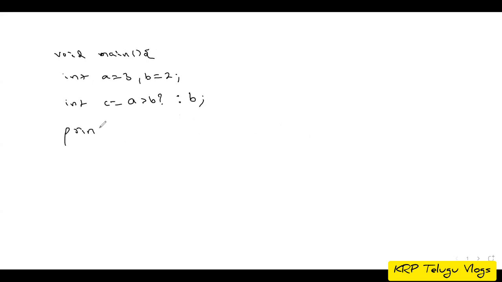Then printf %d, comma c. What will c print? What is the output? 3. How will it come? Because I have not given anything here, right? a greater than b is true, so it will go here, but there is no value here. So how will it give 3?